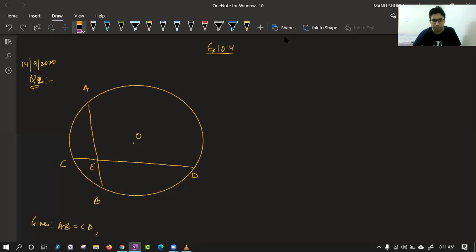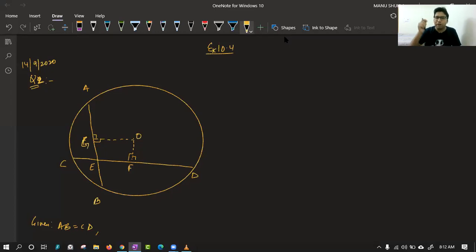Yes, Piyush, very good. So let me draw a perpendicular from center O to the chord AB. Oh, I've taken the eraser. 1 second. This is your point O. First perpendicular and second perpendicular. Class, if this is OF, let me call this F, and let me call this G. Okay.